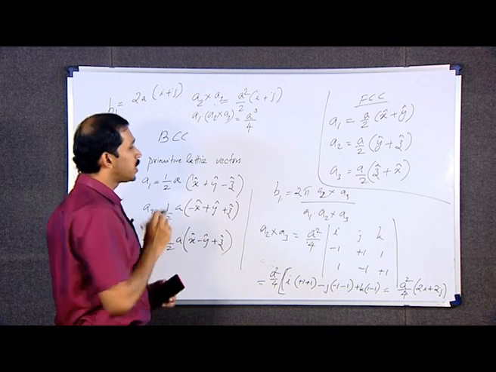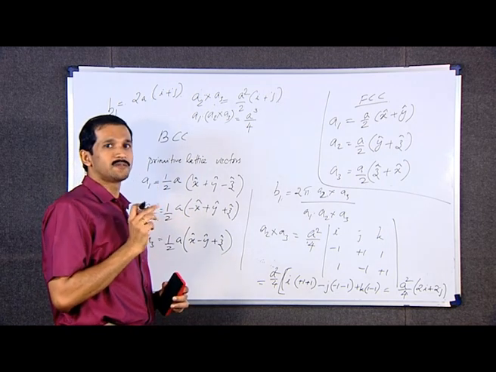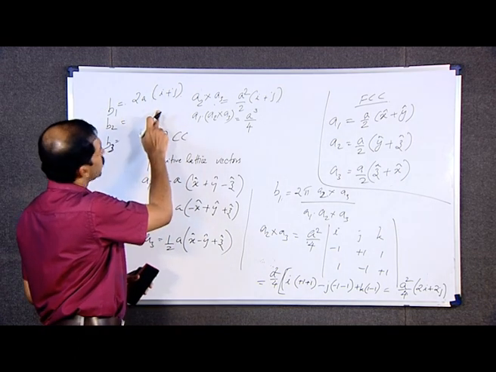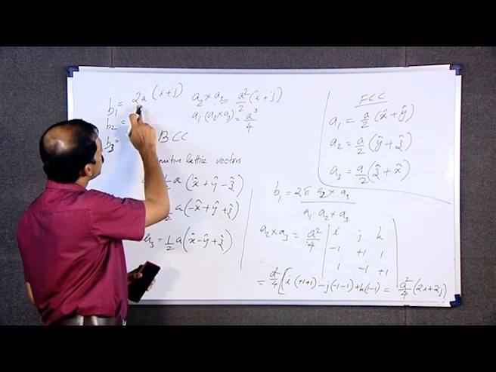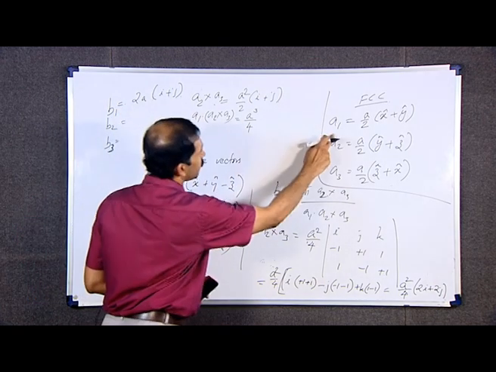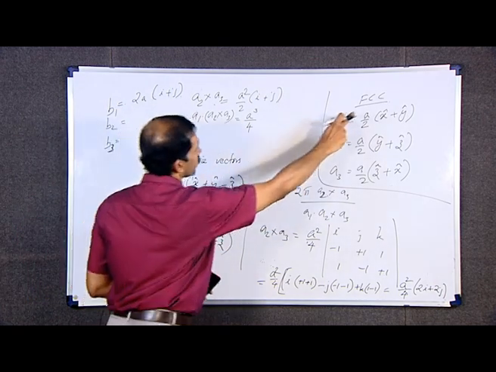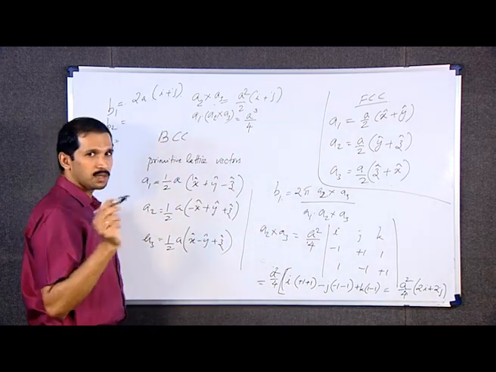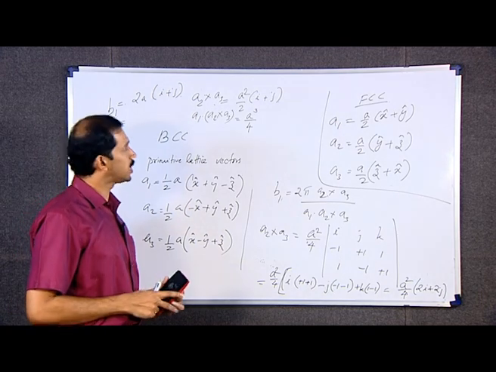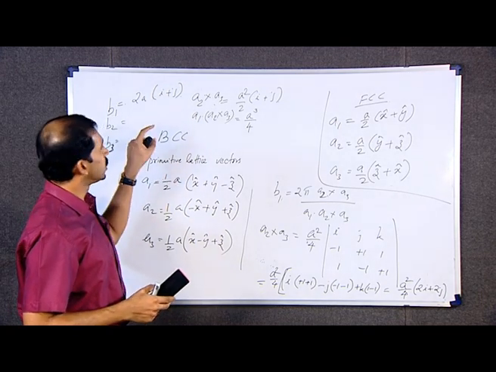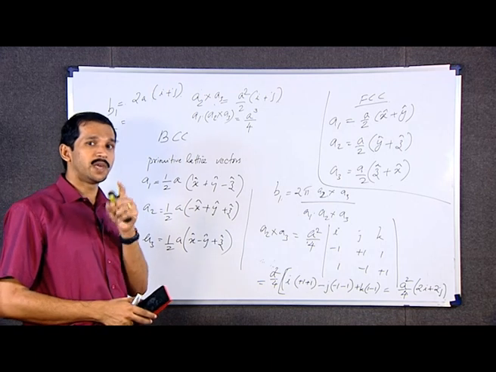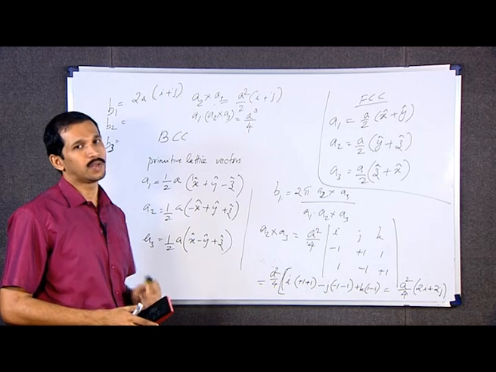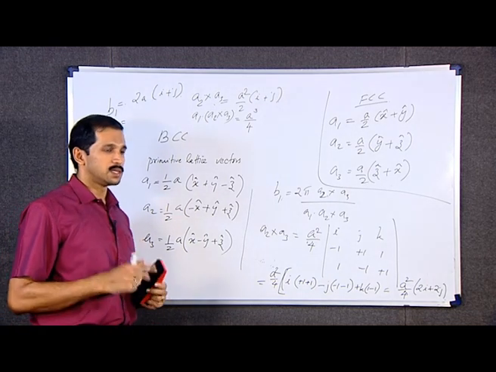What will be the shape of the reciprocal lattice for a BCC lattice? Now, you can clearly see a similarity between B1 and A1 of the FCC lattice. So, they are similar, and if we calculate B2 and B3 by yourself, it will be clear to you that the reciprocal lattice of a body centered cubic lattice will be a face centered cubic lattice.